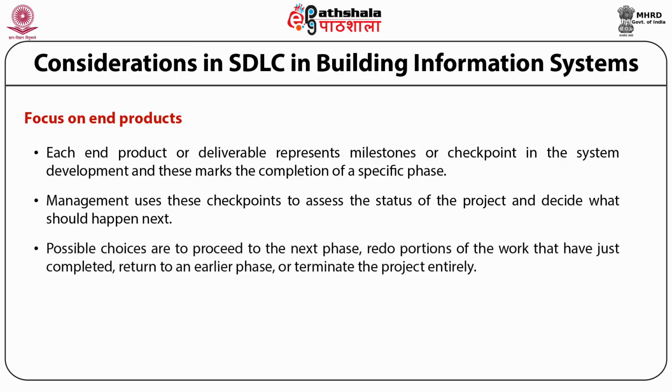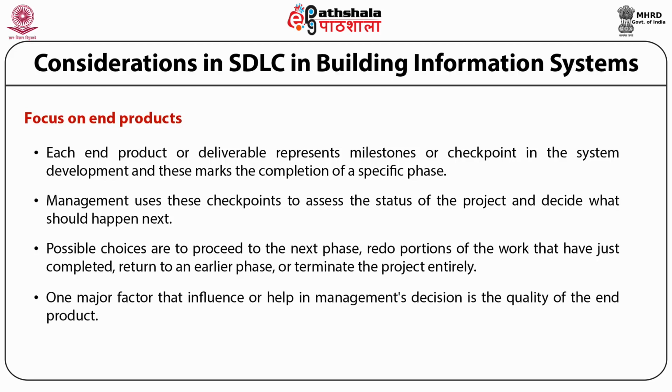Possible choices are to proceed to the next phase, redo portions of the work that have just been completed, return to an earlier phase, or terminate the project entirely. One of the major factors that influence management's decision is the quality of the end product. Thus, the document should strive for high content and high quality.